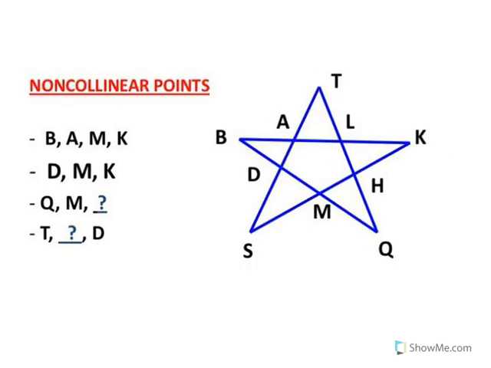Okay, and here is an exercise for you to work on to find non-collinear points. So we have B, A, M, and K. They are not on the same line.